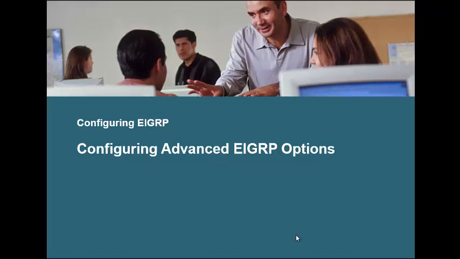EIGRP packets are important. EIGRP updates are important, but the reason why we want EIGRP is to provide a route for our packets to go. So if EIGRP becomes a burden for routers, then the routing protocol is not a good protocol.